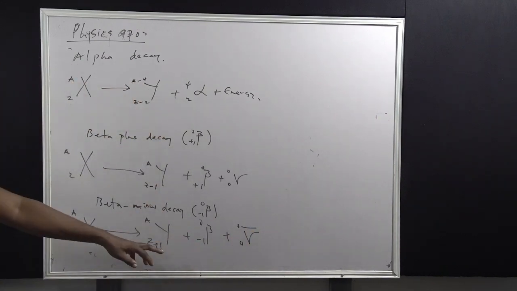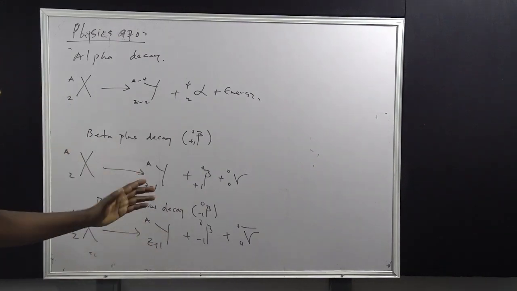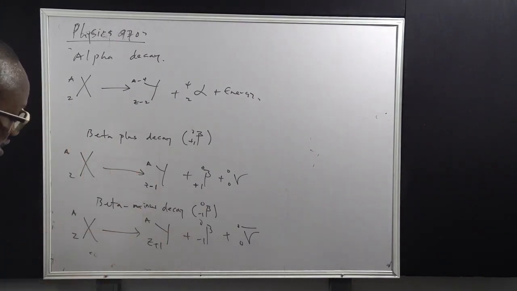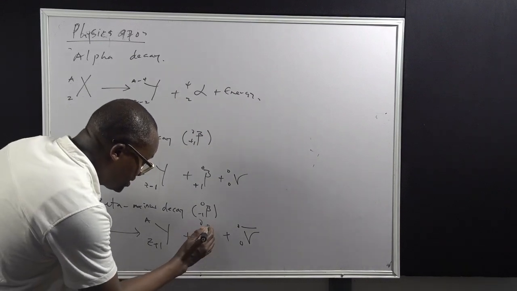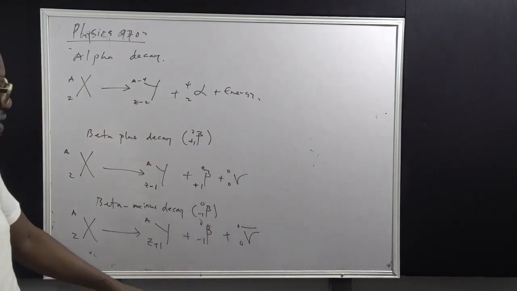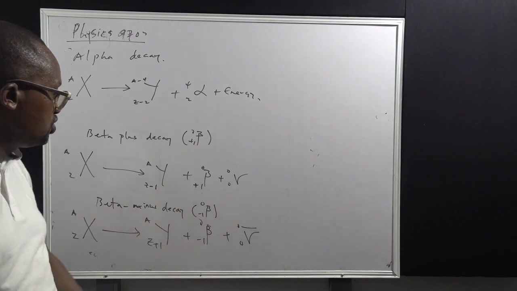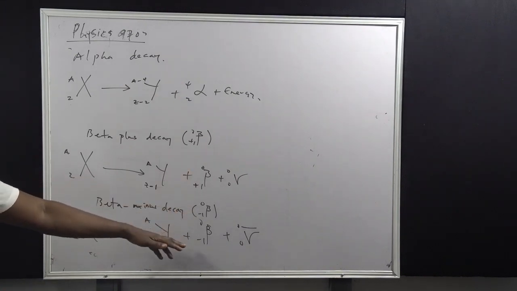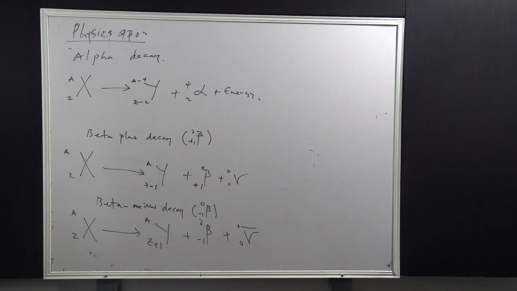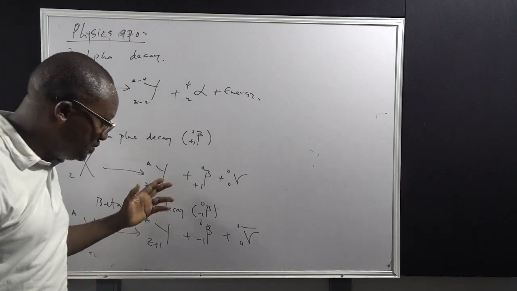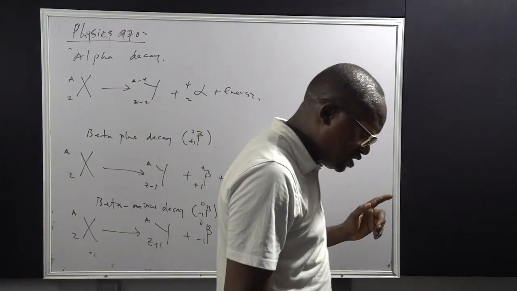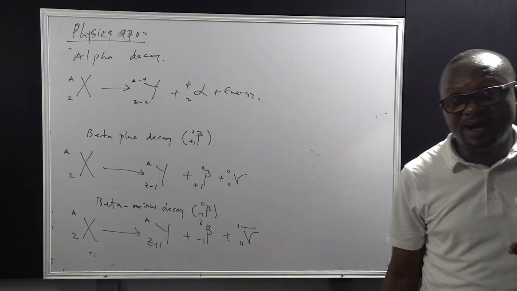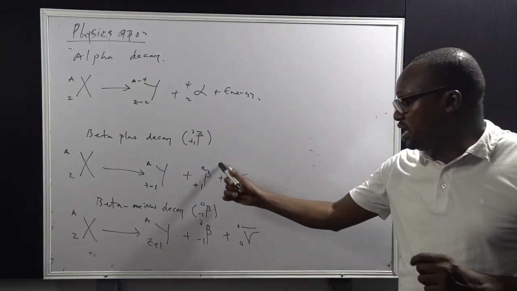Because these particles have a range of energy, that is what first led to that particular hypothesis, which was later confirmed that neutrinos and antineutrinos are produced whenever a nucleus undergoes beta plus or beta minus decay. And I've explained that, you will see it in some other lecture, that it's because one of the up quark in a proton changes to a down quark, and to balance the conservation of charge, beta plus will be produced.